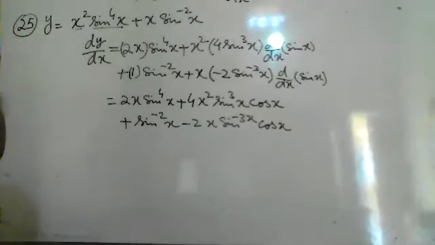We'll do another question. Question number 29. Question number 29. Y is equal to 4x plus 3 whole raised to power 4 into x plus 1 raised to power minus 3.